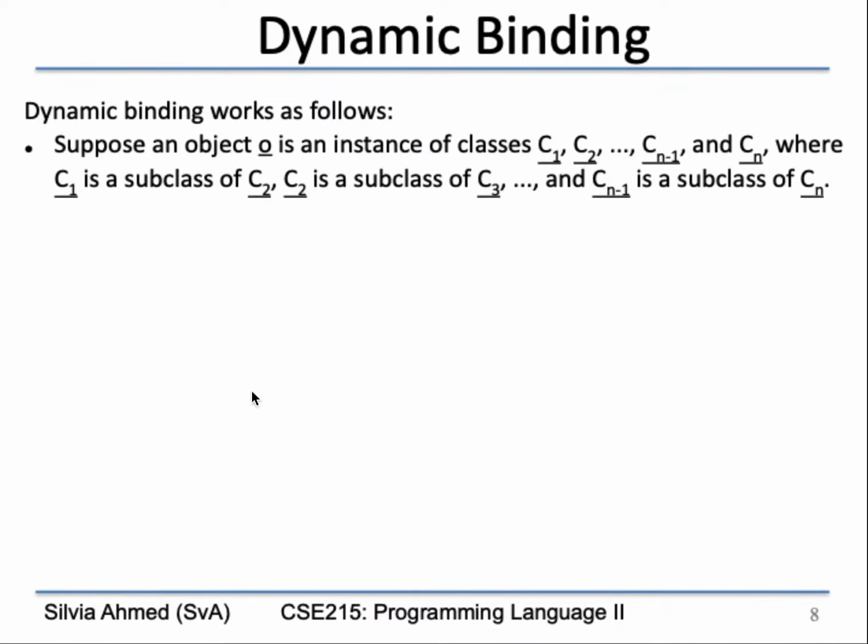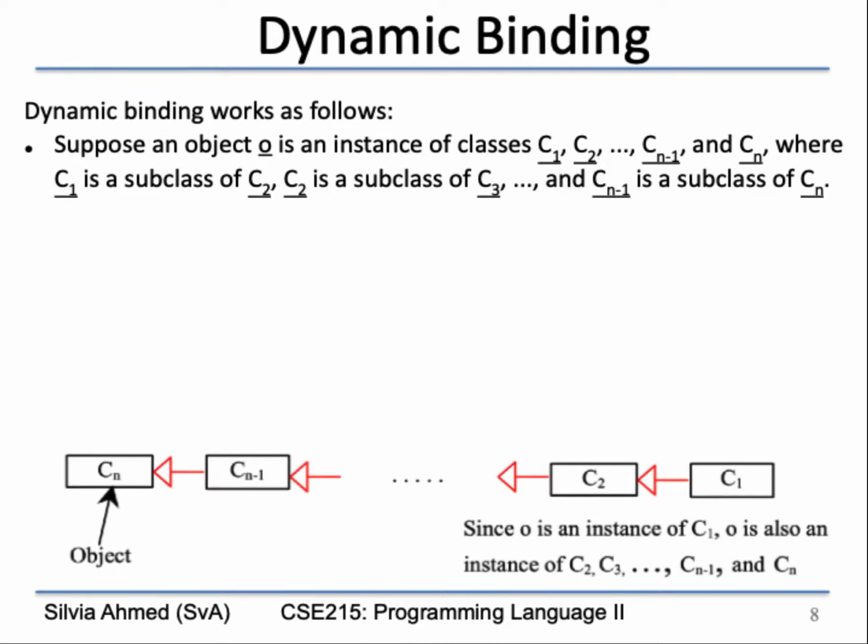Let's say we have an object O which is an instance of classes C1, C2, up to Cn-1 and Cn, where C1 is a subclass of C2, C2 is a subclass of C3, and finally Cn-1 is a subclass of Cn. So if we draw the inheritance diagram, it looks like this.